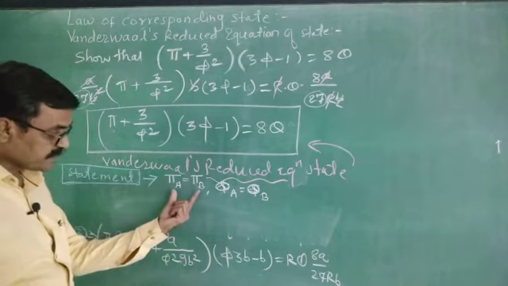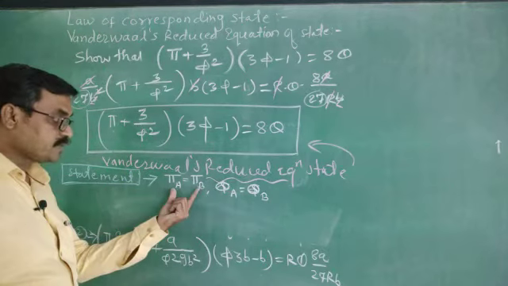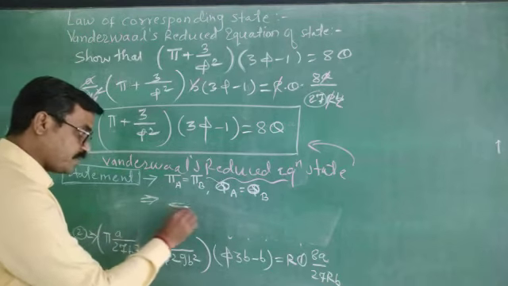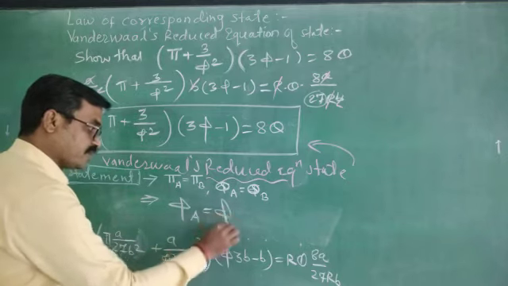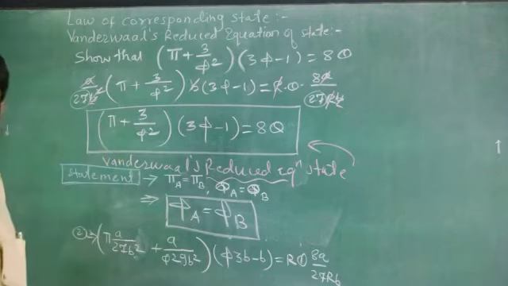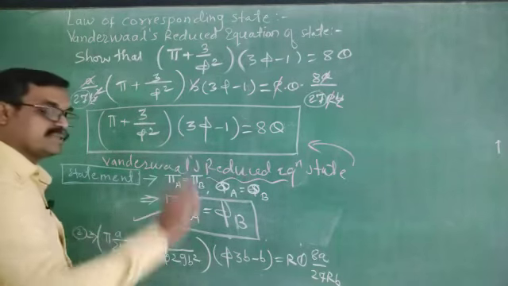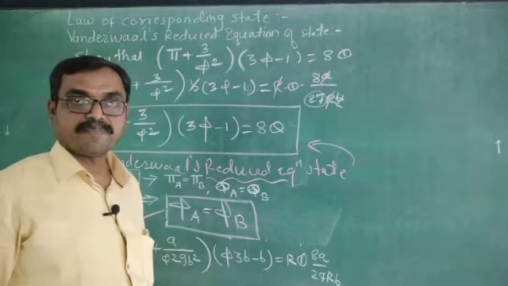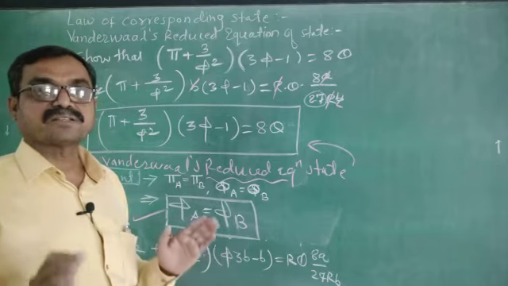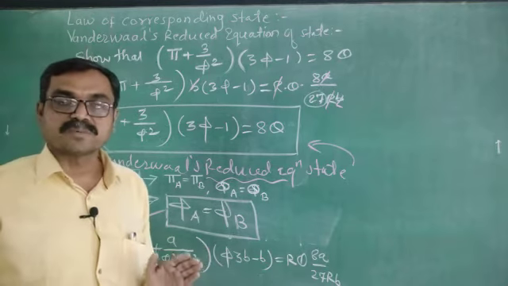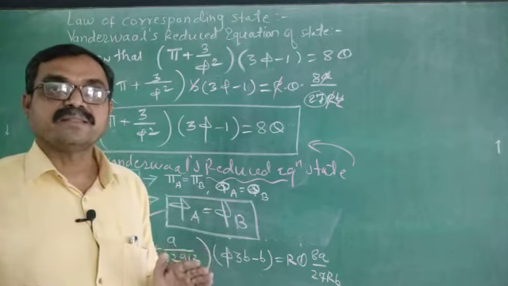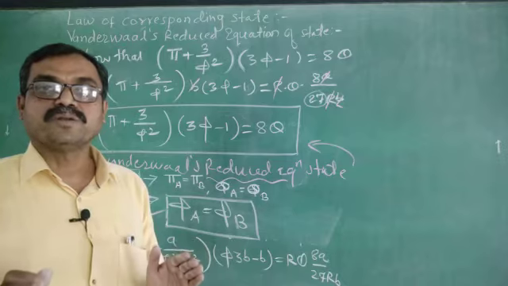Means if 2 different substances have the same reduced pressure and the same reduced temperature, then according to the law of corresponding states they must have the same values of reduced volume. And this is the mathematical statement. Means the law of corresponding states states that if 2 or more substances have the same values of reduced pressure and reduced temperature, then they have the same values of reduced volume.